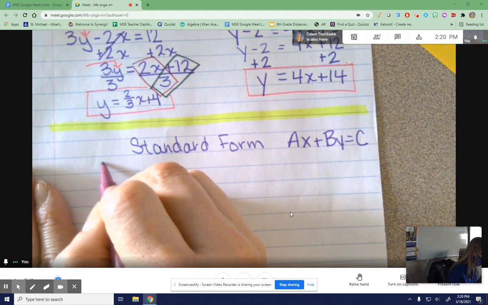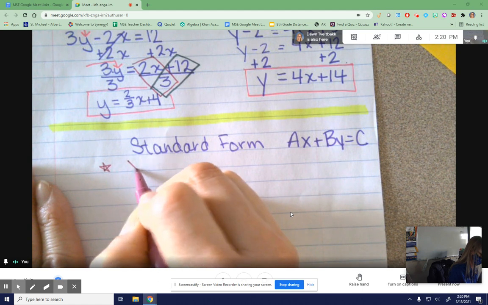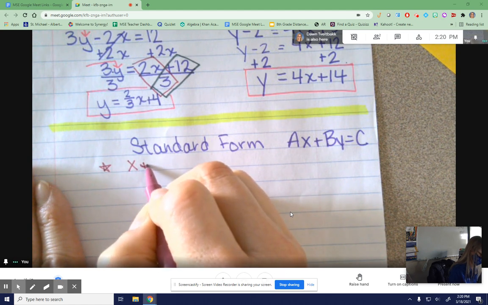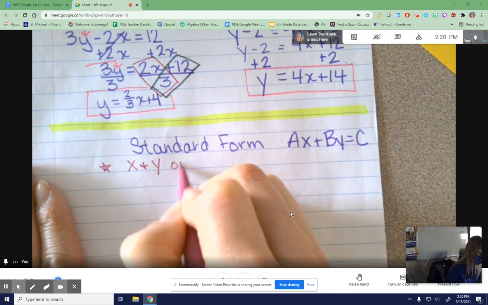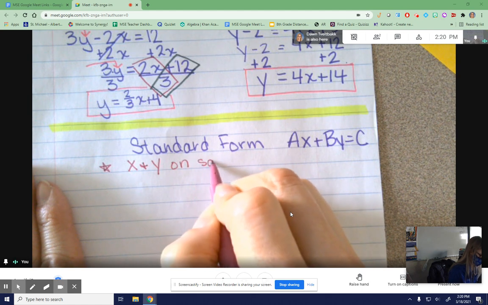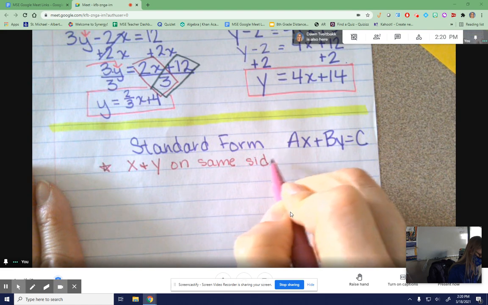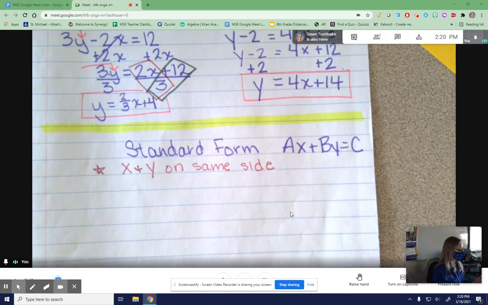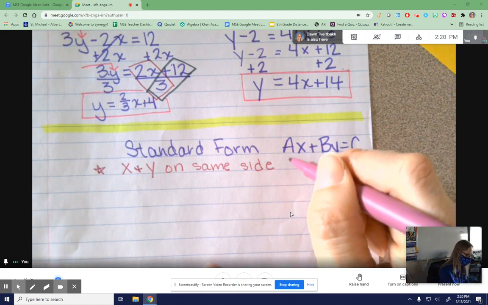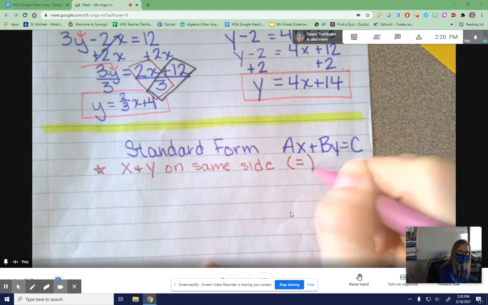And you want to keep in mind that you want to get x and y on the same side. Now, when I say on the same side, I mean on the same side of the equal sign, okay? So I'm going to put a little equal sign here in parentheses.